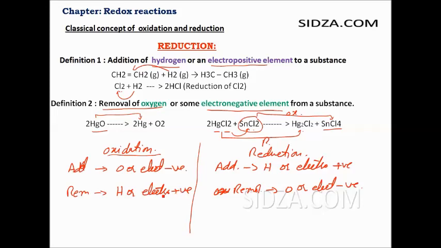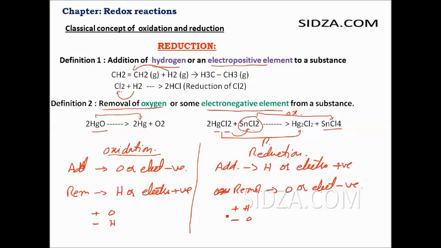So if you add oxygen, it is oxidation. Let's say the plus sign is for addition and the negative sign for removal. So plus oxygen, addition of oxygen, is oxidation, and loss of hydrogen is again oxidation. Addition of hydrogen or loss of oxygen, both are reductions. Correct?